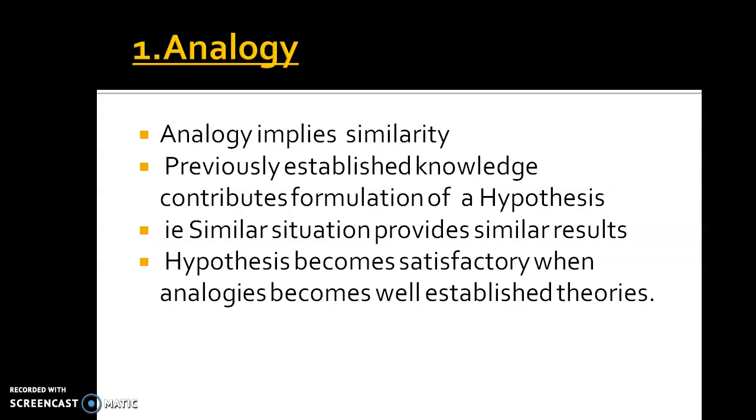A similar situation will provide similar results. So, a hypothesis becomes satisfactory when the similarities or analogies become well-established theories. It becomes a theory when it is satisfactory with multiple results. Okay, that is called analogy.